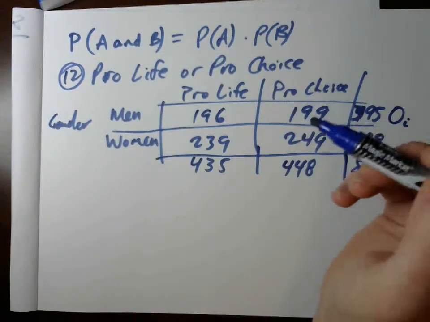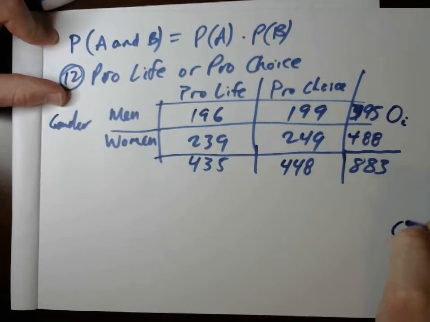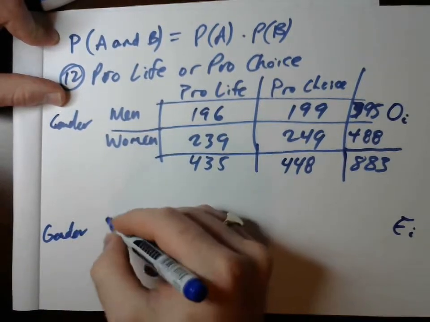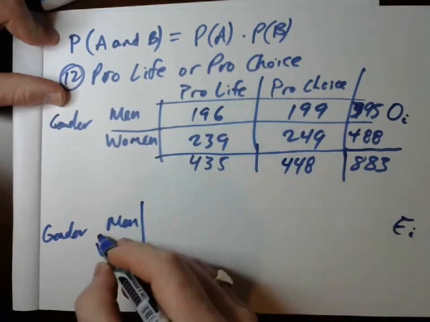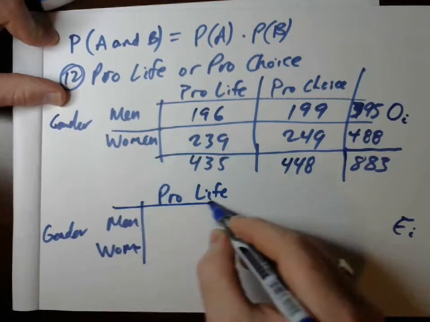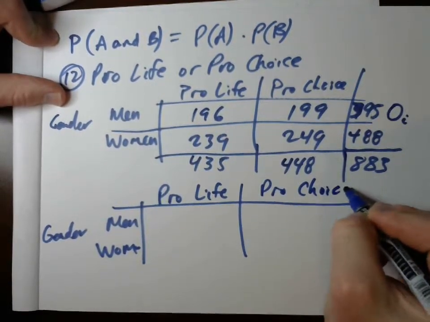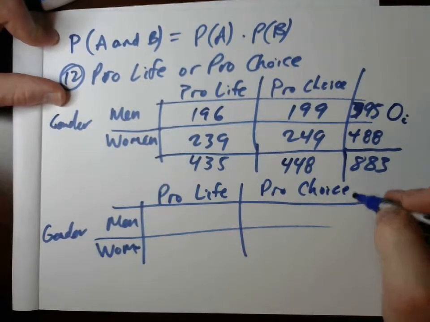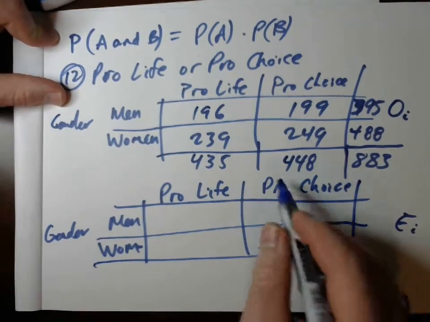We're going to figure out what E sub i is. So we're going to have the same thing: gender, men, women, pro-life, and pro-choice. We're going to fill in this chart based off of these numbers.